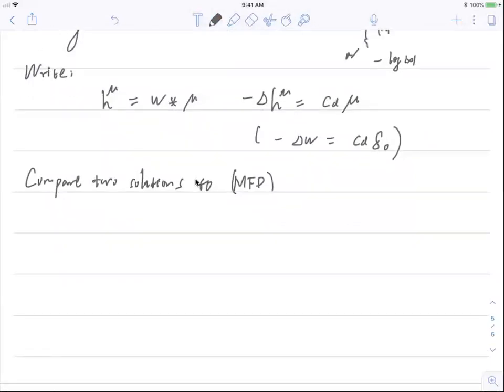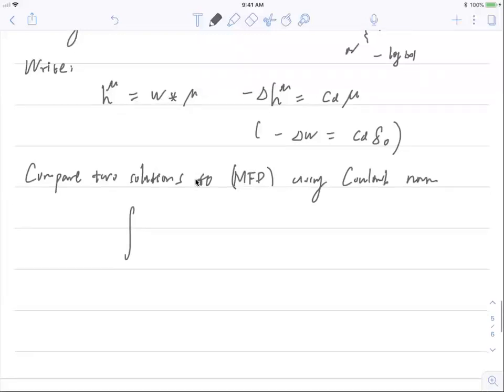We're going a little bit fast, but anyway, using the Coulomb norm, which is the following. Let's say this is omega, and mu 1 at time t, mu 2 at time t, integrated in x, y. So we want to compare this quantity.